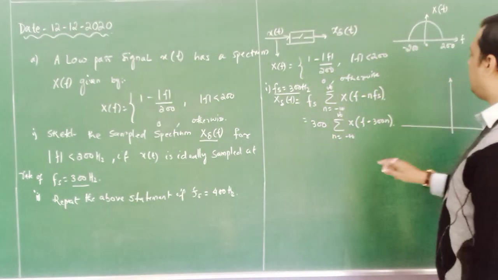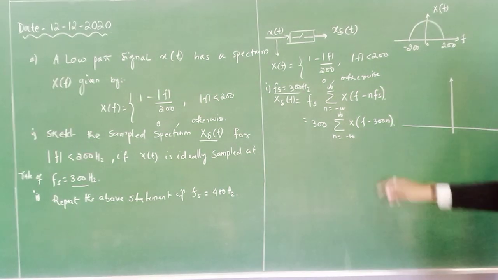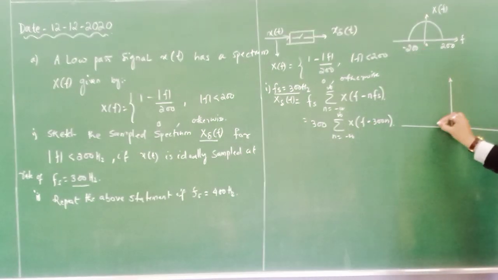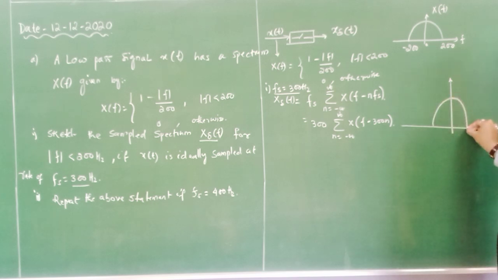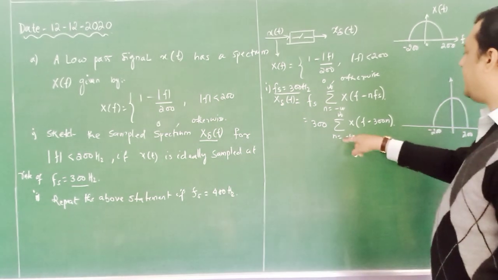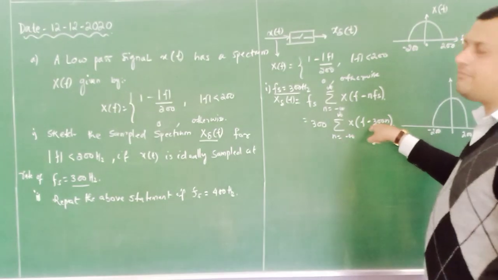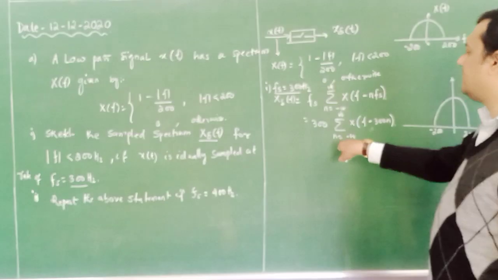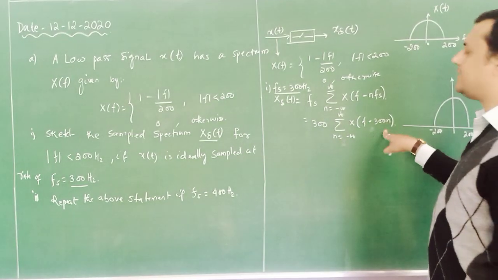First of all, when n is equal to 0, you will identify this particular signal X of f. So first let me draw X of f. This is 200 Hz, this is minus 200 Hz. Next, if n is equal to plus 1, f minus 300 will come, and if n is equal to minus 1, f plus 300 will come.